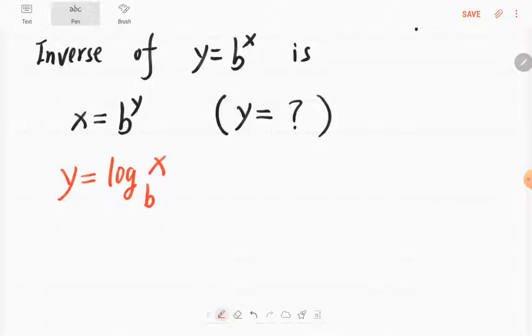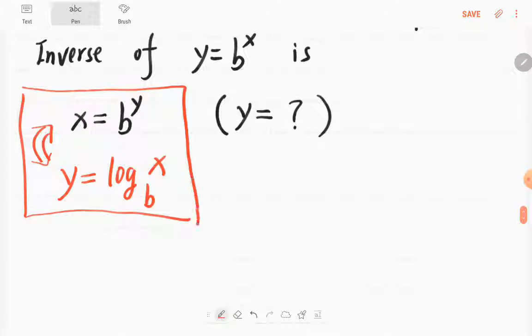So in other words, these two are equivalent. Okay, x equals b to the y means y equals log base b of x.